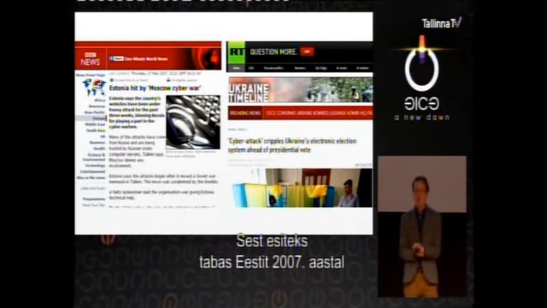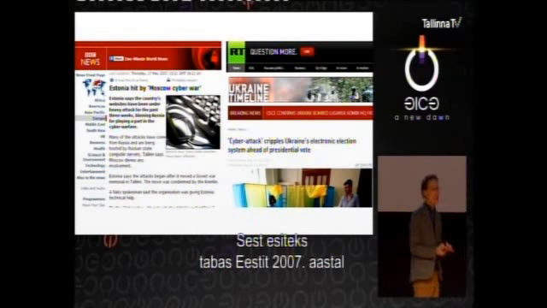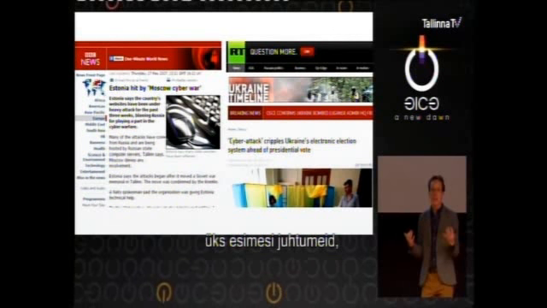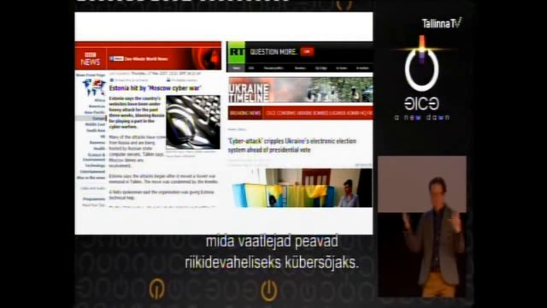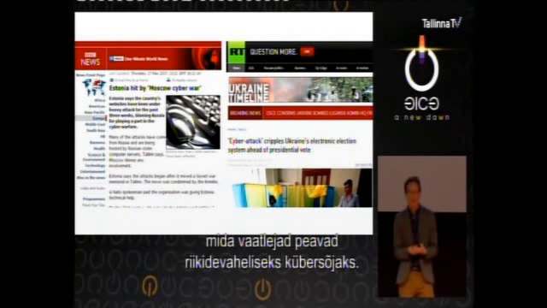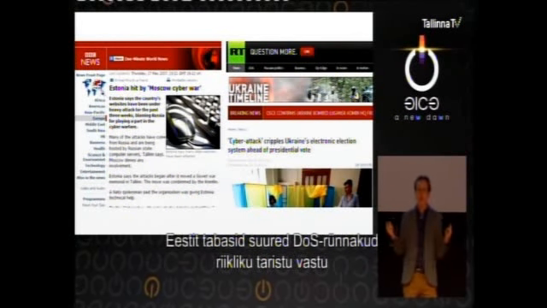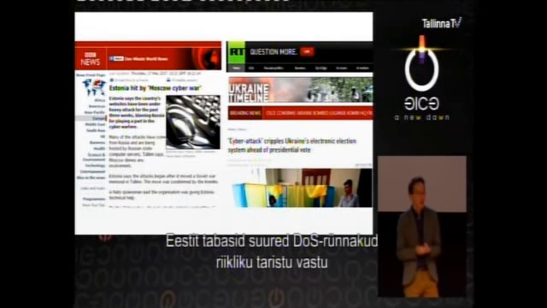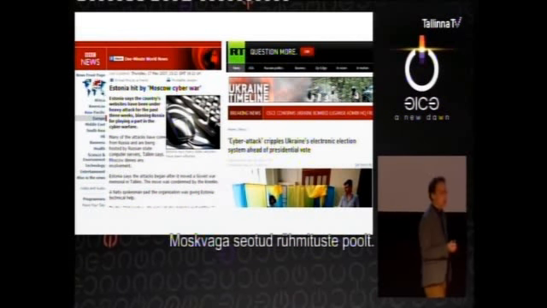Because first of all, Estonia very notably was hit in 2007 by some of the earliest examples of what many observers considered to be state-on-state cyber warfare, when they suffered large-scale denial-of-service attacks against national infrastructure from groups associated with Moscow.